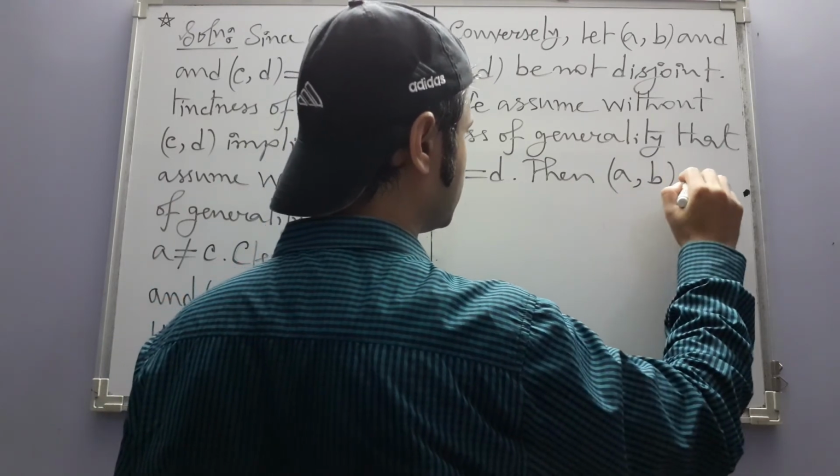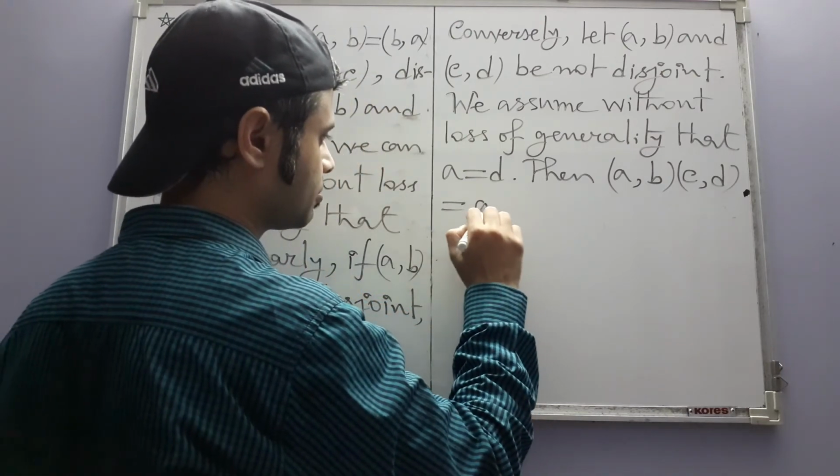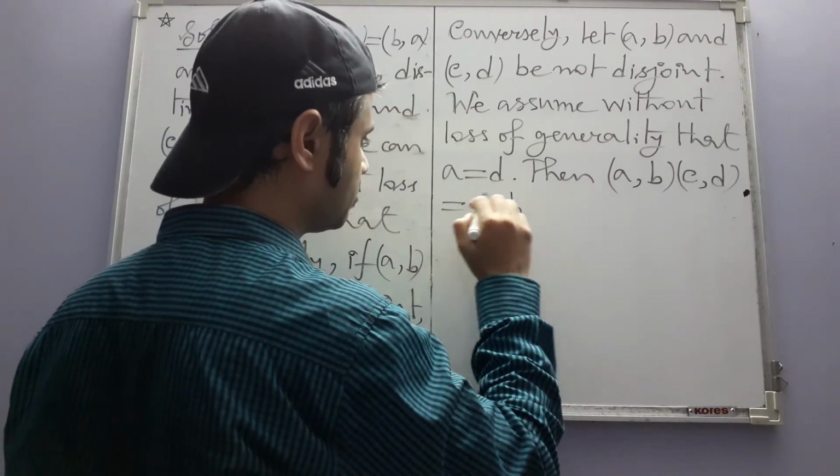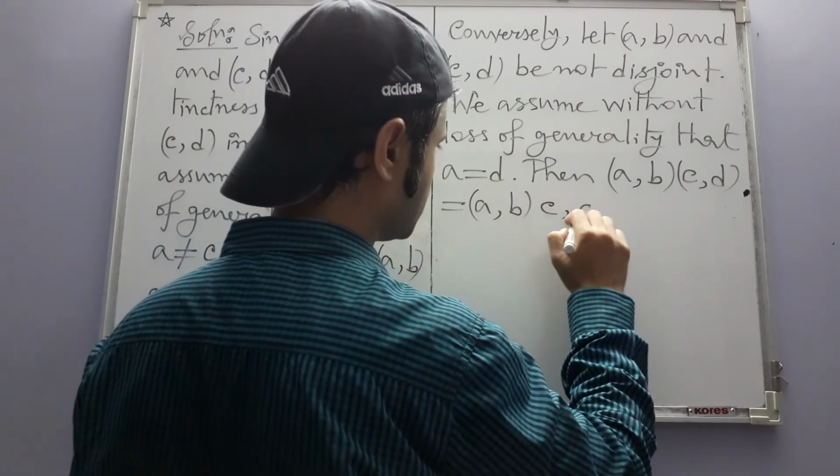AB CD now becomes AB, and because A is equal to D, so CA.